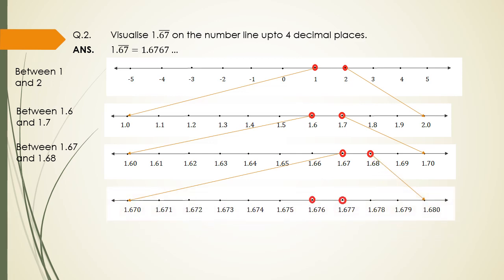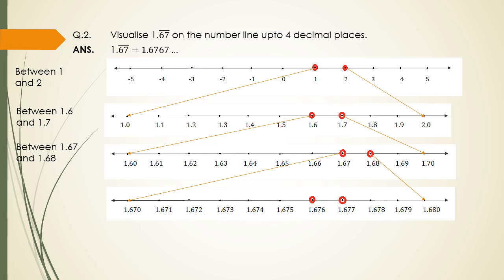So 1.67 will be written as 1.670 and 1.68 will be written as 1.680. So again we are dividing this into 10 equal parts. So our numbers will start like 1.670, 1.671, 1.672 and so on up to 1.680, which is nothing but 1.68.